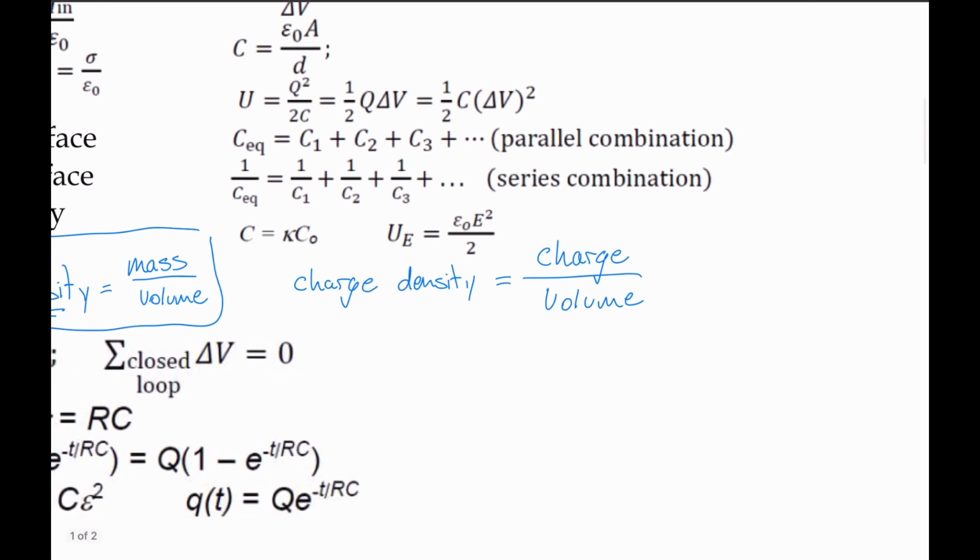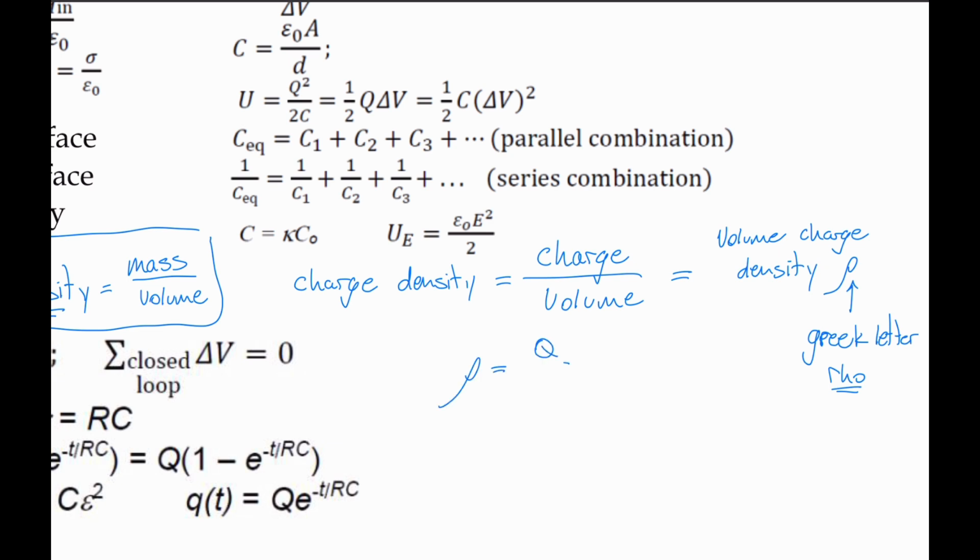And the letter they use for volume charge density is this Greek letter rho. It's like a curvy P. So I'm going to have this here, charge over volume. I hope that looks good. This is an equation that is not included in the equation sheet, but it's important to know.